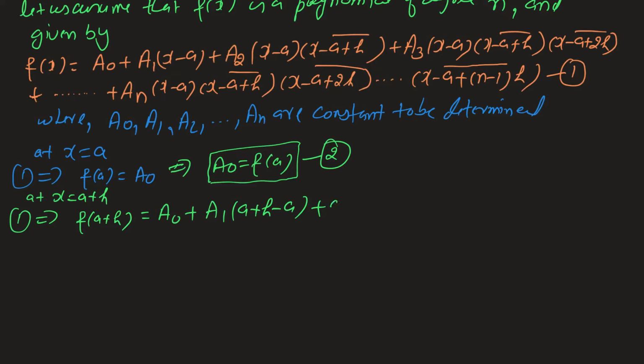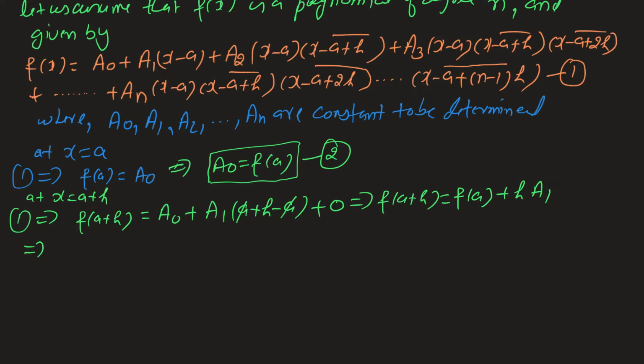This implies that f of a plus h is equal to a naught, from equation number 2 is f of a, plus a1.